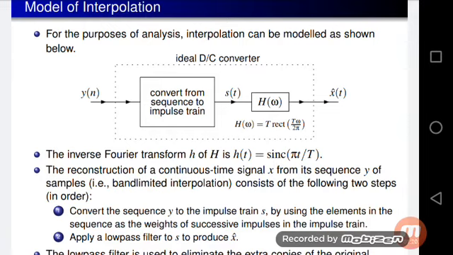Here we are observing two major blocks. The first one is convert from sequence to impulse train.